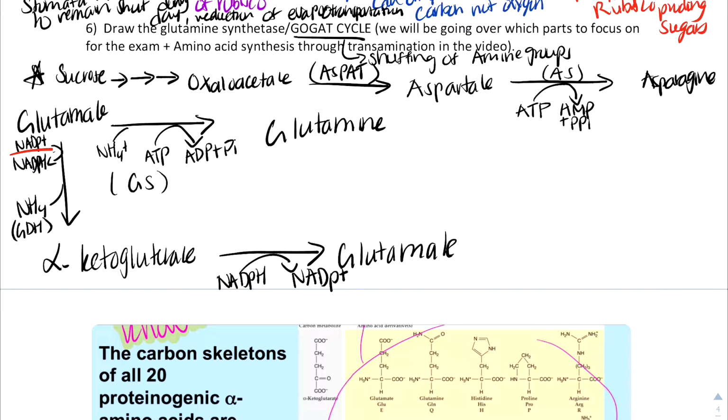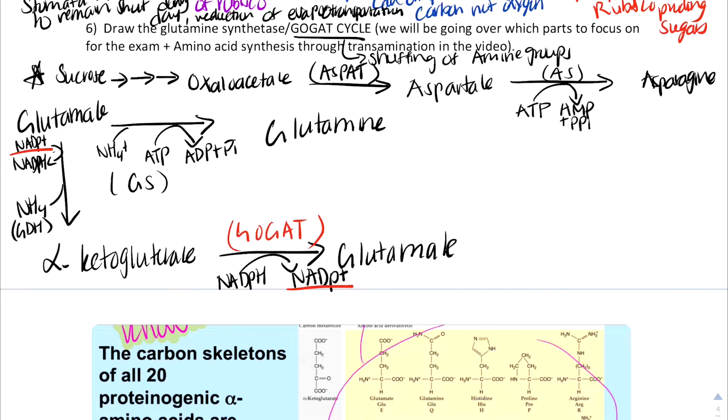So that means that glutamate requires NADP+. So it only makes sense for us to make NADP+ when we're trying to get back to glutamate. And this is the GOGAT enzyme, also denoted as glutamate synthase.